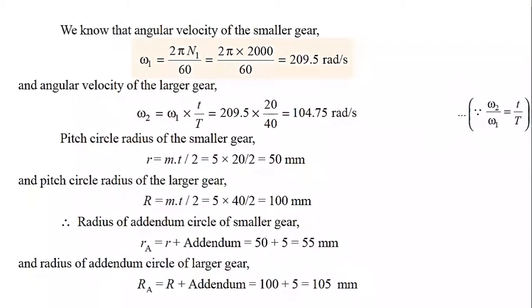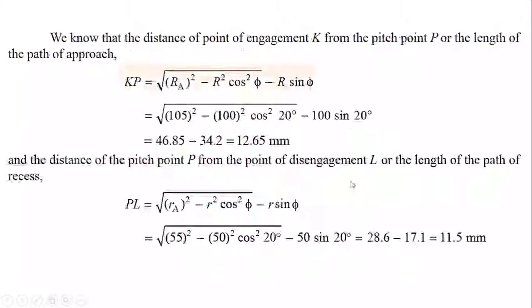Apply all the values in this formula and we will get the value of small r, and similarly capital R. Small RA is equal to small r plus addendum, and the addendum value is given in this problem. Similarly capital RA. Find all the values small r, small RA and capital RA. Using these values we will get the values of KP and PL.